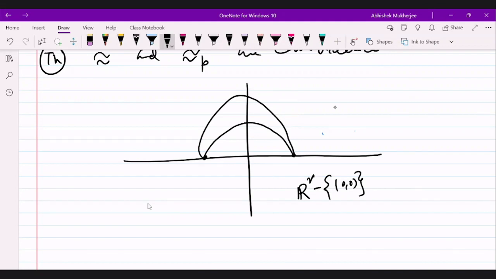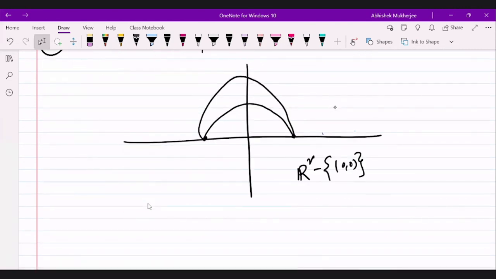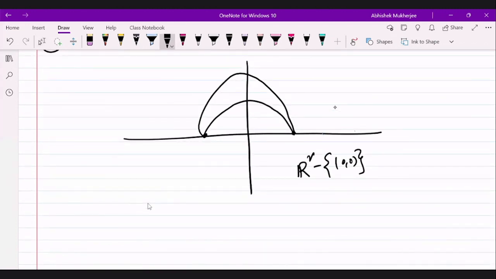These are two paths having the same terminal points, right? Now what you can do is make a choice of homotopy here. Suppose you take one point here, gamma, and one point here, sigma.